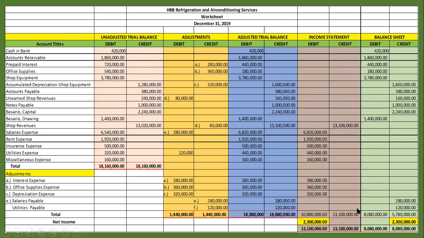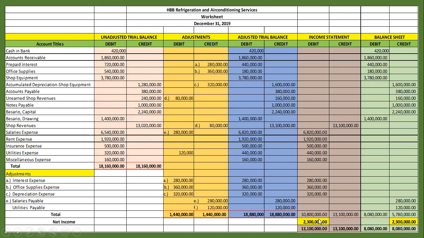So if it's more on this side, then the result is also an income. Okay? But the moment it will be the opposite, like the income statement would contain a lower amount under its credit column and a higher amount in its debit column, then it's a loss. At the same time, in the balance sheet, if it's a loss, the credit side will contain more amount than the debit side.